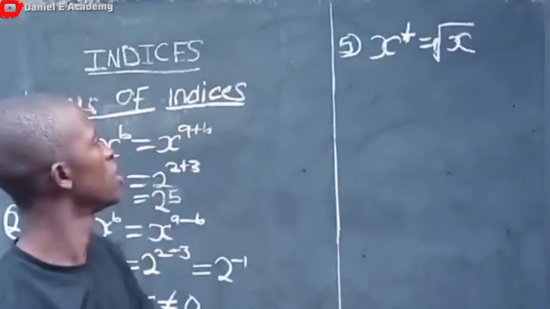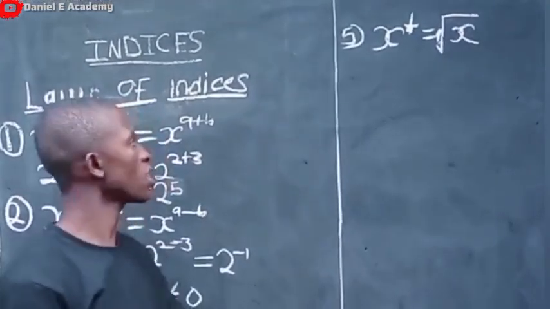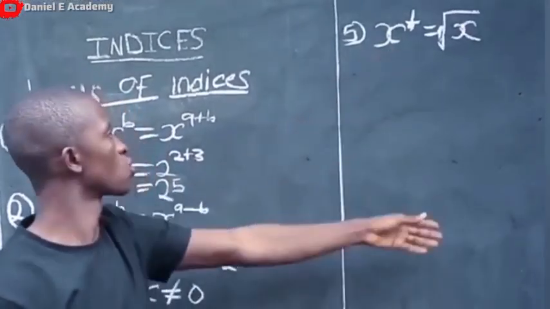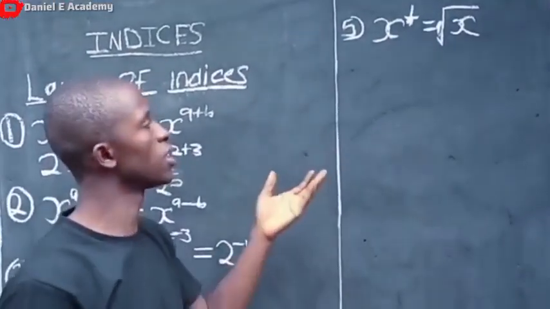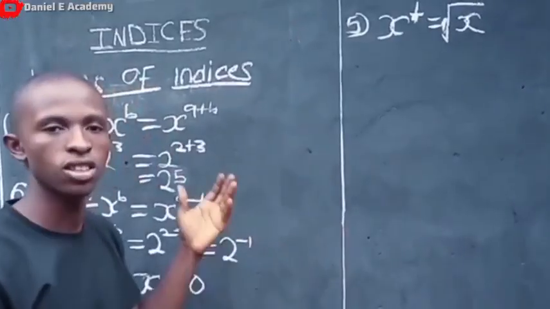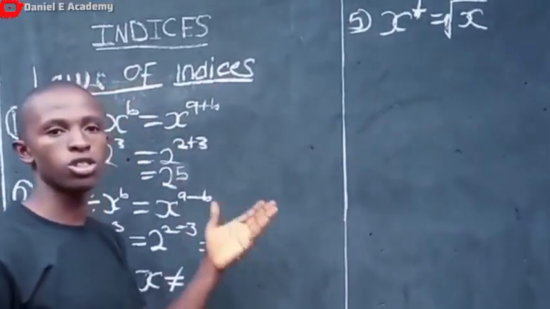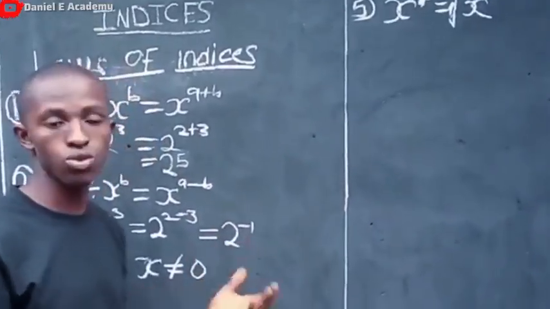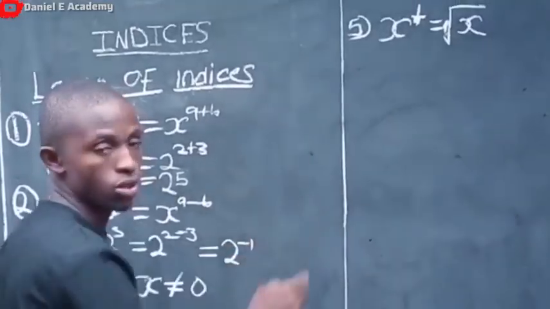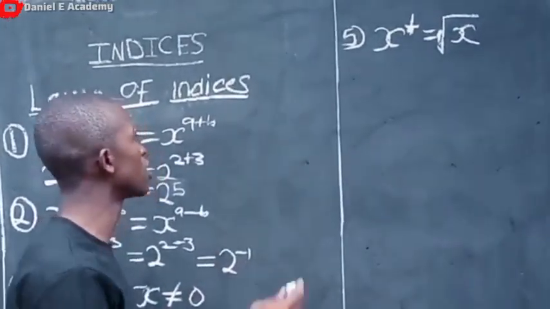This law simply means that x is a number to the power of a fraction, and the root depends on the denominator, what is below the fraction. If it's 2, you take the square root. If it's 3, you take a cube root.